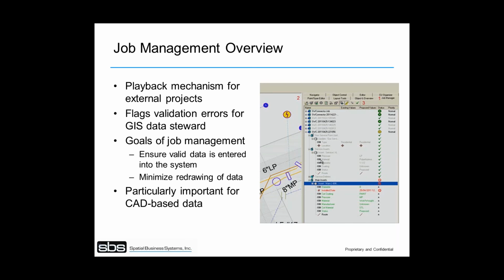The validation framework gets activated, and then that steward can ensure that the valid data is entered into the system without having to completely re-enter it, which we find is just a tremendous problem that organizations still have here in 2015, of re-entering data between systems. And so this really does a smart assist, so to speak, that allows you to take these disparate sources of information and put them into a common environment to do the proper white space management and such.